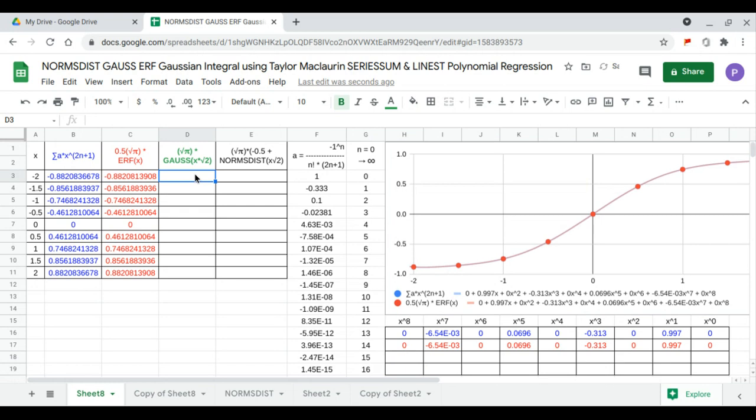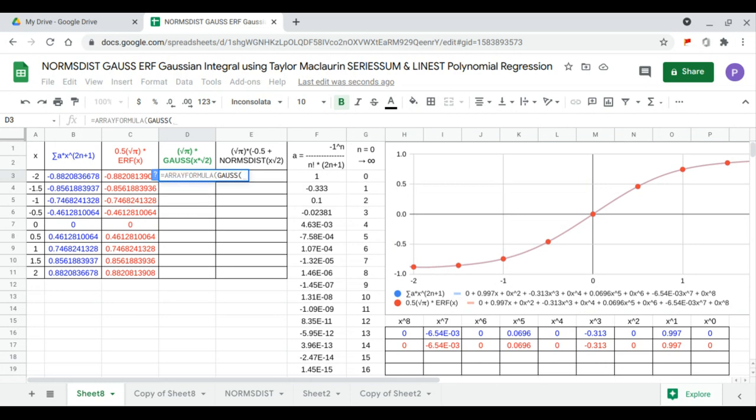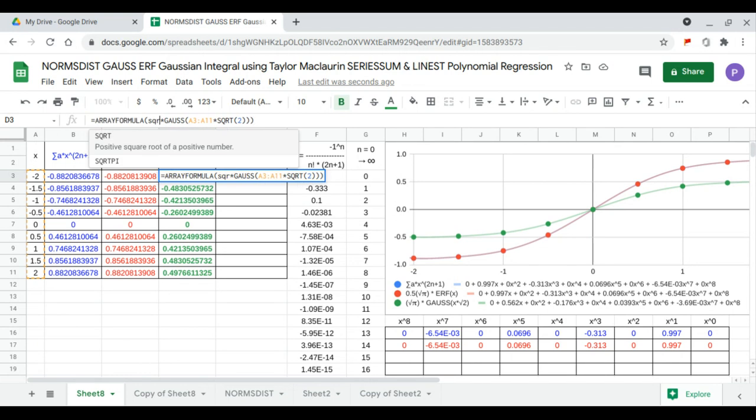We continue with the Gauss function. So this is equal to the formula, Gauss of the x values, and we factor in square root of 2. So times square root of 2. Getting closer? Then we multiply square root of pi to Gauss. So that's times square root of pi.